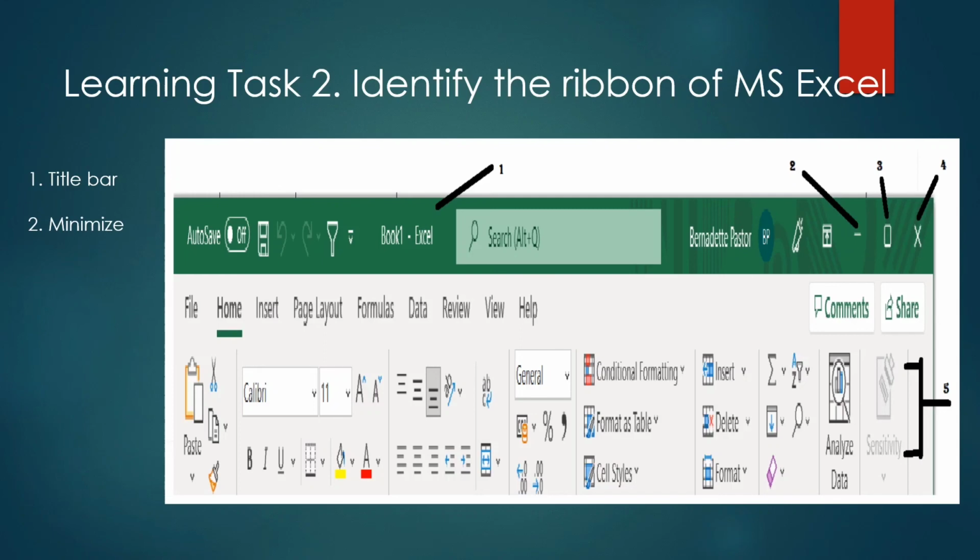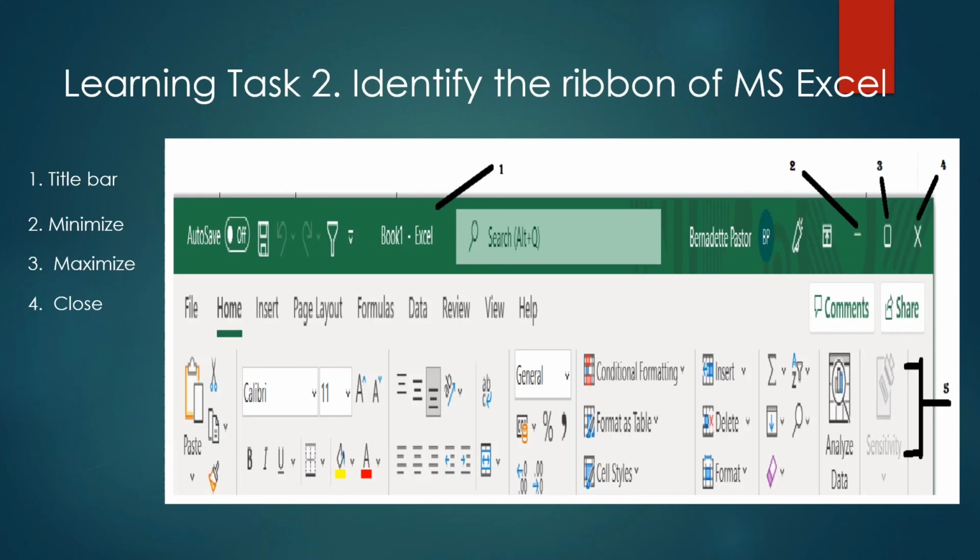Number 3, this is used to restore the previous screen that you have. That is the maximize button. And number 4, this is used to exit from the application program. This is close or exit.